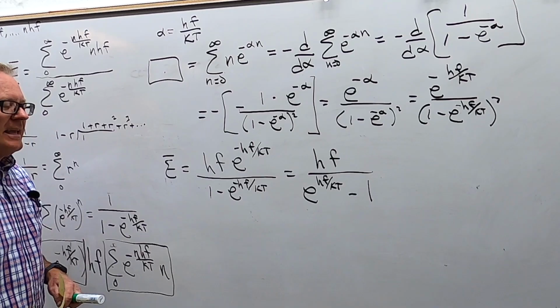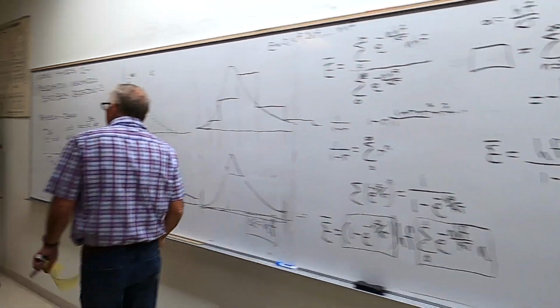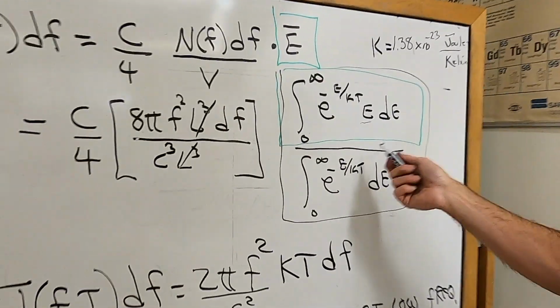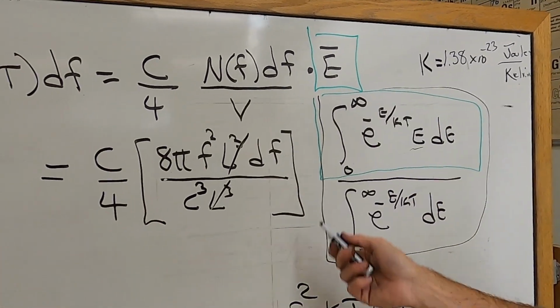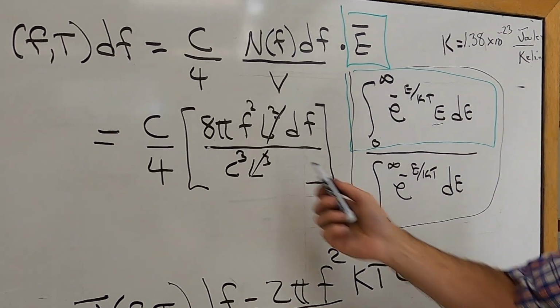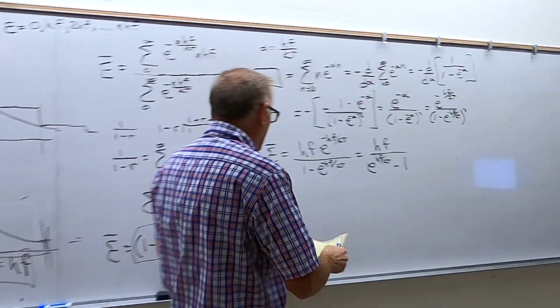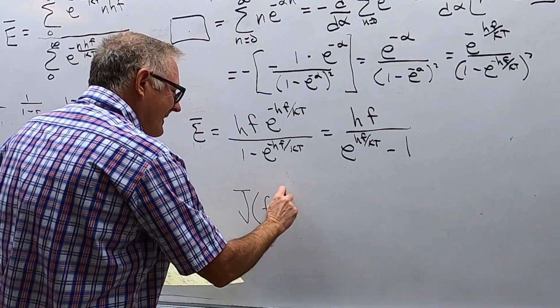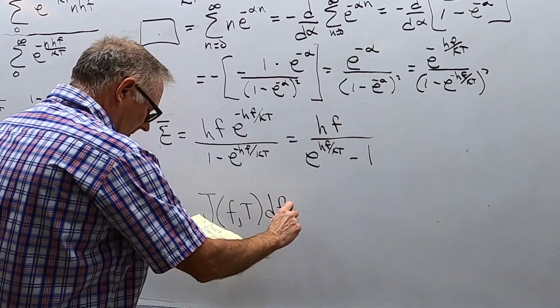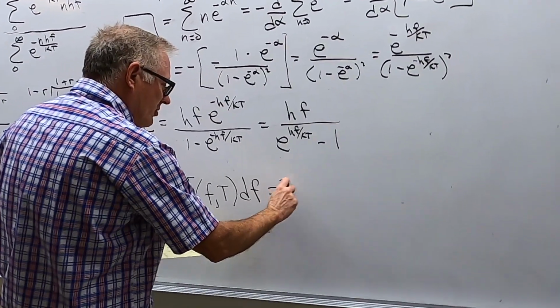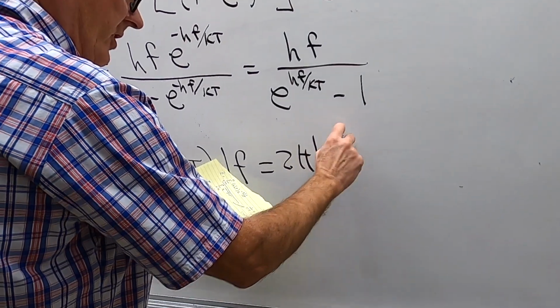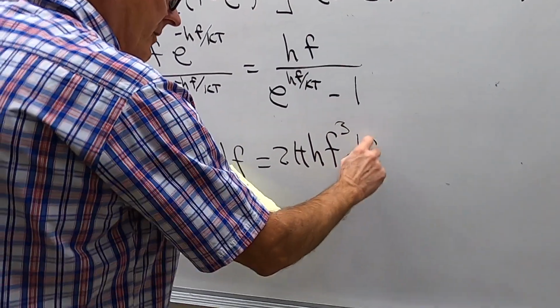So that's what the average energy is. That's what I need to replace all of this by right here. So all of this gets replaced by what I had there. Plugging that all in now, J of f, T, df is equal to 2 pi h f cubed df.